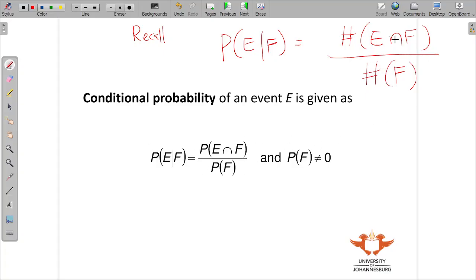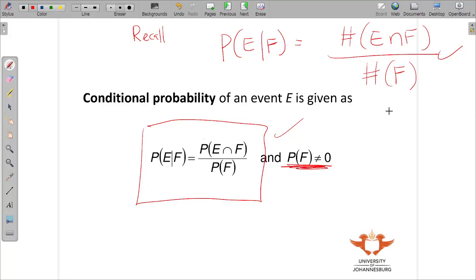So you either use this one or this one, depending on what you have. Now this is using probability and not the number. And of course, the probability of F must not be 0. That's why the number of F must not be empty also. It must not be 0.